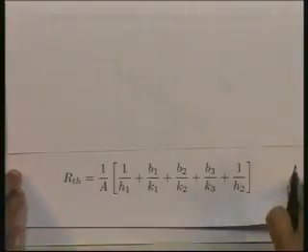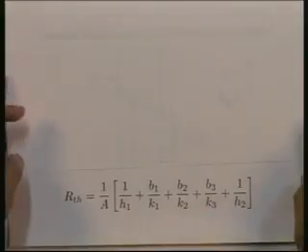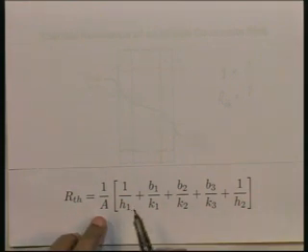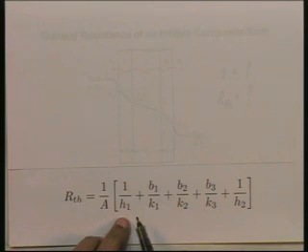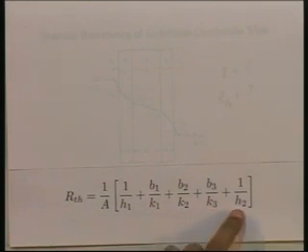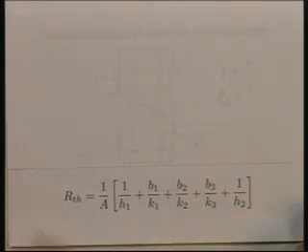For the composite case, thermal resistance is RTH is equal to 1 upon A into 1 by H1 plus B1 by K1 plus B2 by K2 plus B3 by K3 plus 1 upon H2. And this is nothing but the sum of the 5 individual thermal resistances which I have got.